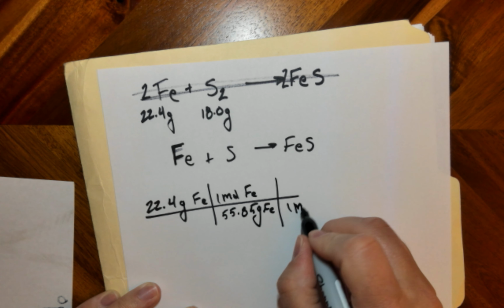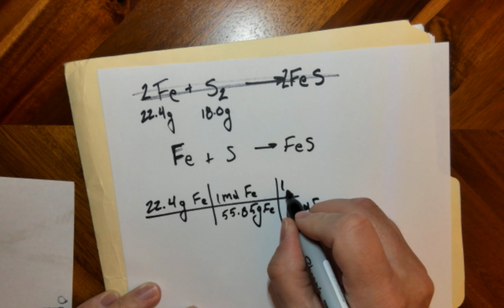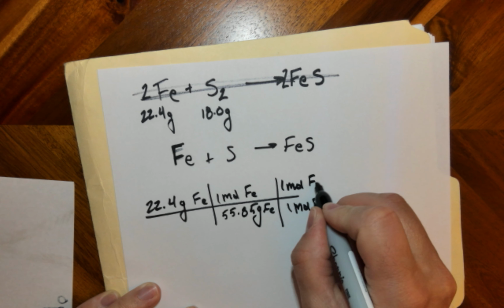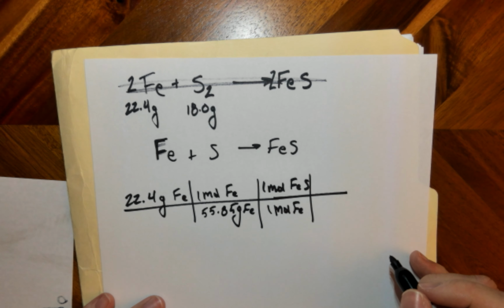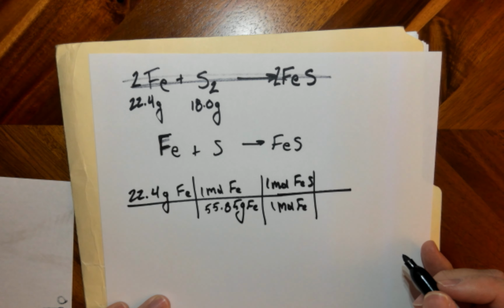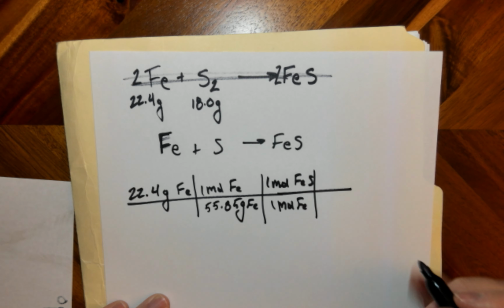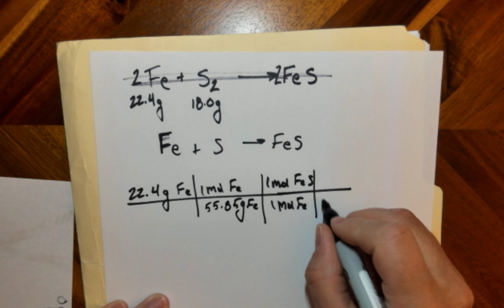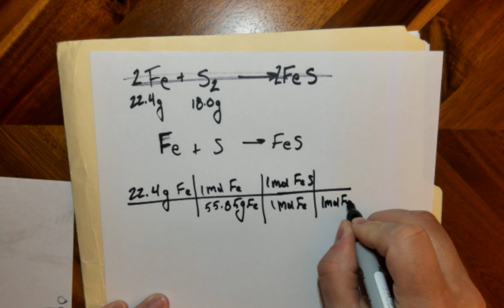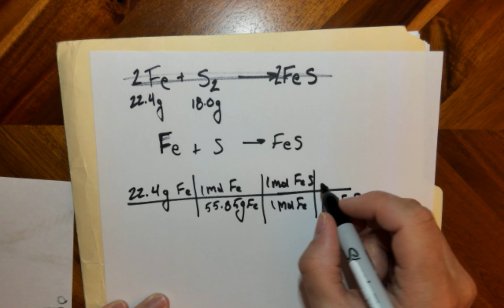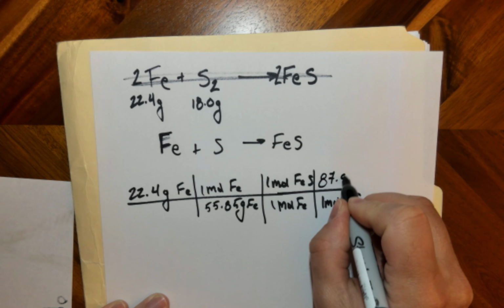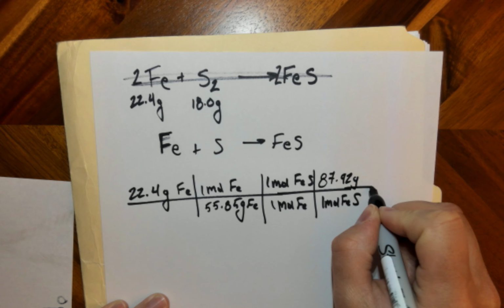For every 1 mole of iron, we get 1 mole of iron 2 sulfide. Remember, the 2 just tells you the charge. And then from there, we can say 1 mole of iron 2 sulfide weighs 87.92 grams.